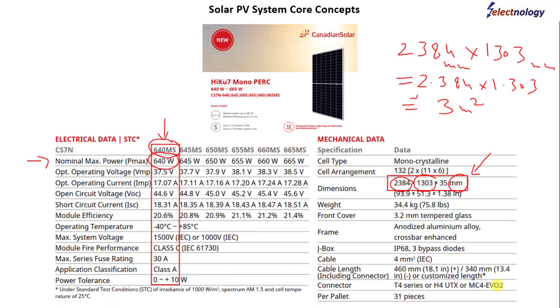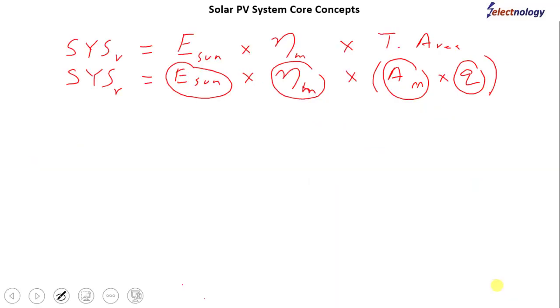Let's use this data in our formula. Suppose we want to know how many PV modules we need if we want to install a system of 25,000 watts. We want a rated power of the system of 25,000, and E sun is 1000 watt per meter square, the standard test conditions value of the sun energy, into efficiency.